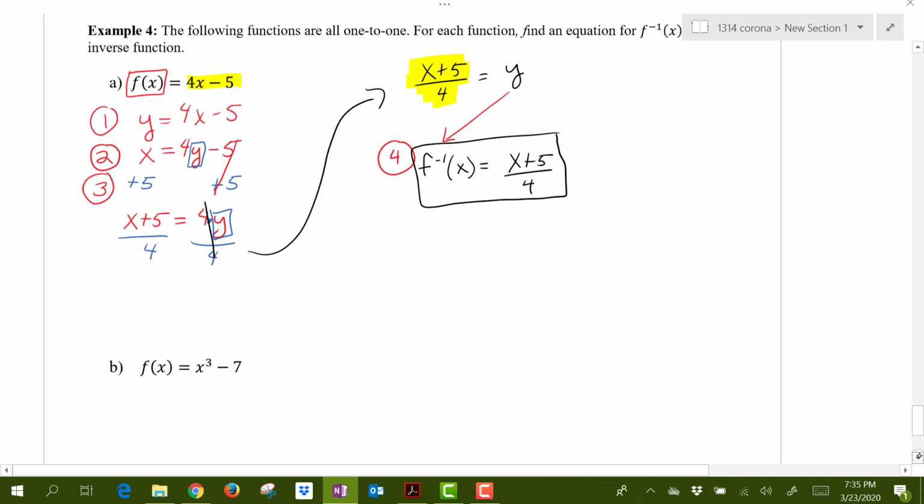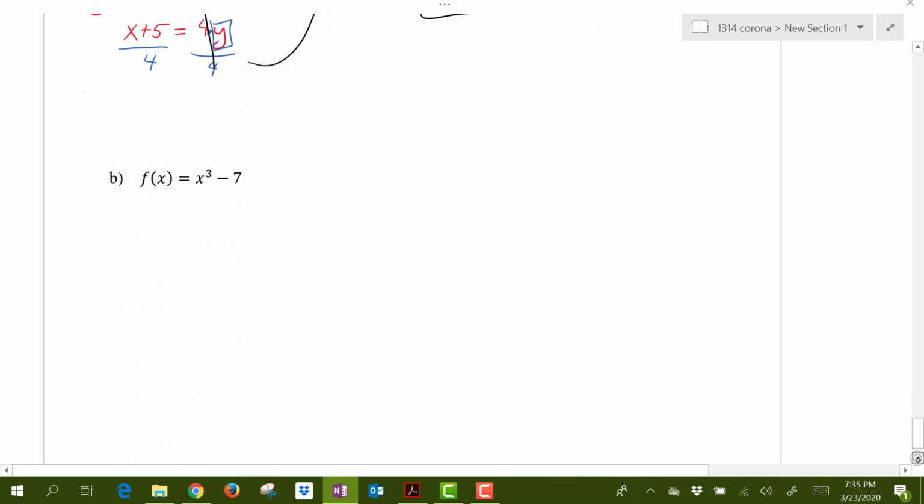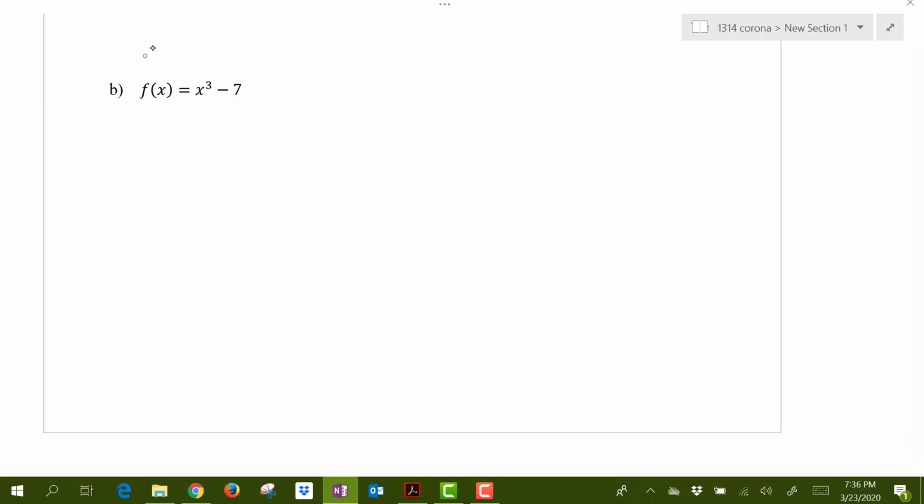Alright, we're going to do those same steps again for our last example. Step 1 is a really easy step. It's a replacement.